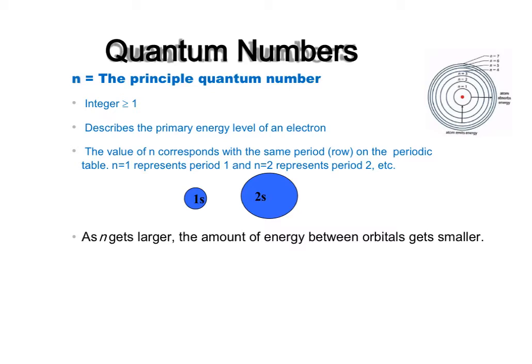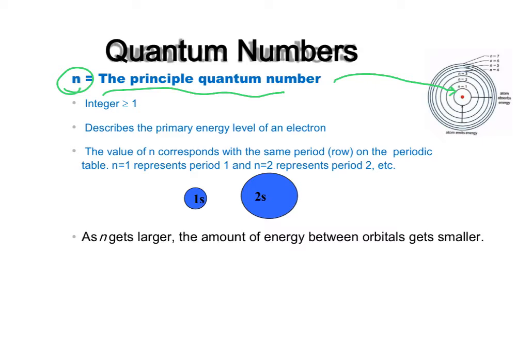As I said, there are 4 different quantum numbers. Every single electron in an atom needs its own unique 4 quantum numbers to differentiate it from all of the other electrons. The first quantum number, the most important, is n. That stands for the principal quantum number, and that correlates exactly with the energy level that the electron is in.